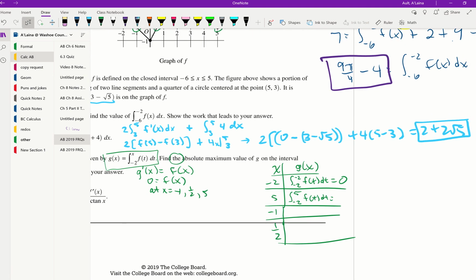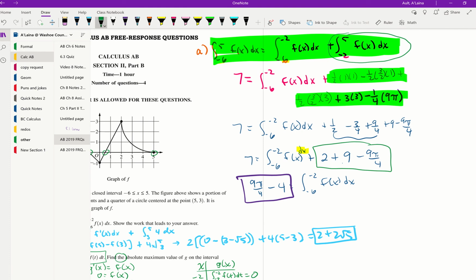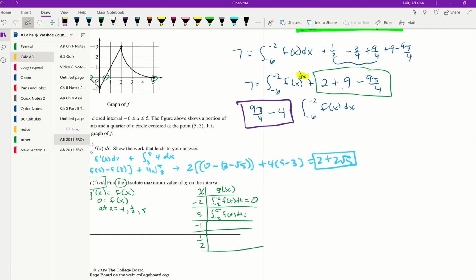As we were working on part A, we had to calculate the definite integral from -2 to 5, and it ended up being this part. I don't need to show that work again. That'd be 11 minus 9 pi over 4. I should, however, show the definite integral.